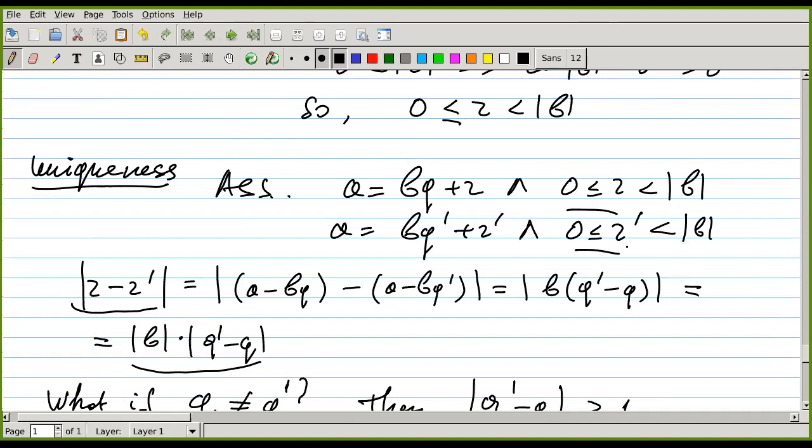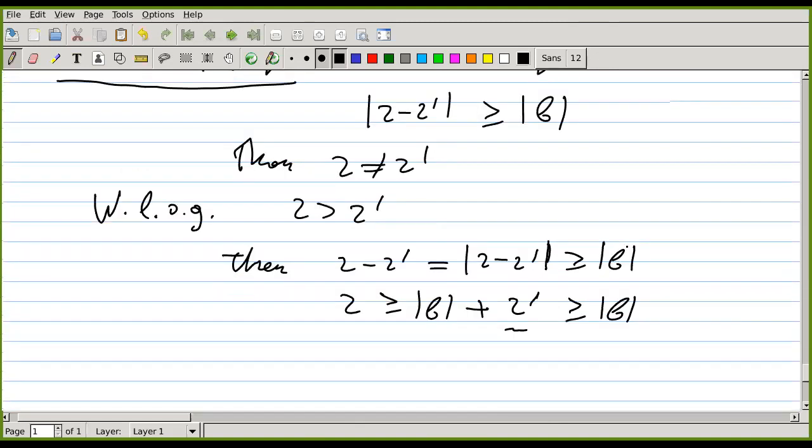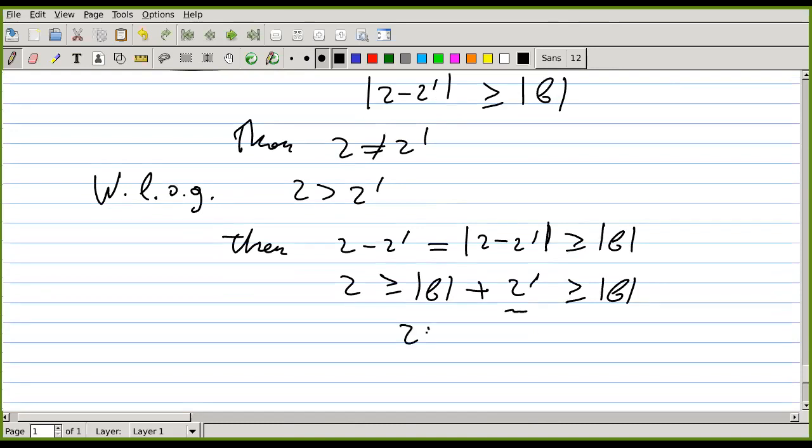It is not negative. So we have that R is greater or equal than B, which is not the case.